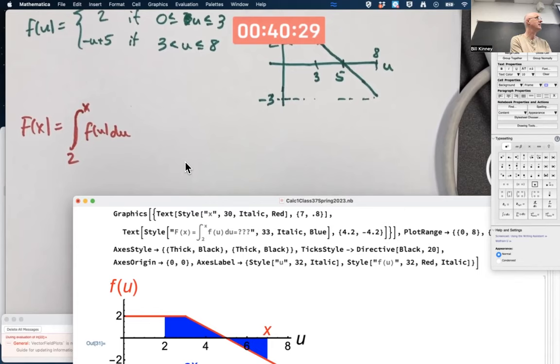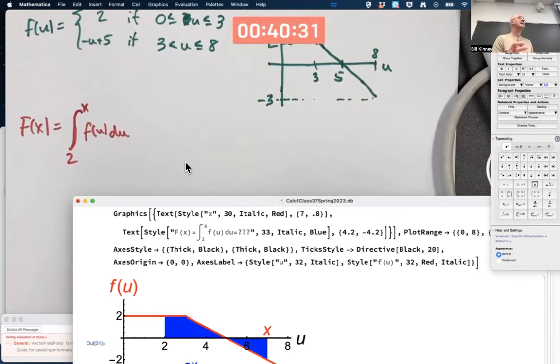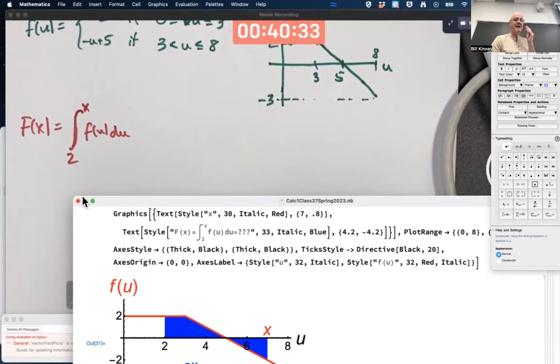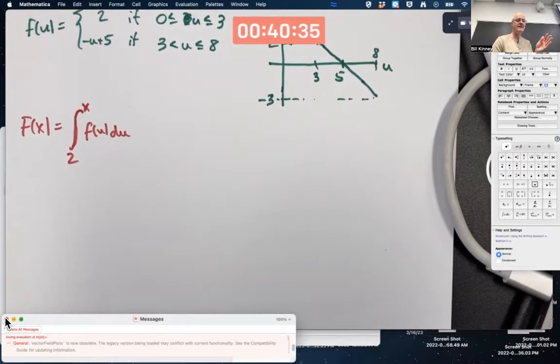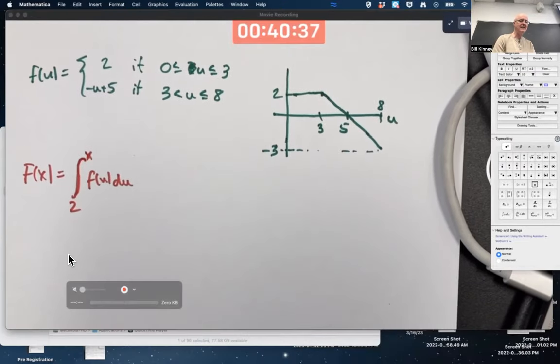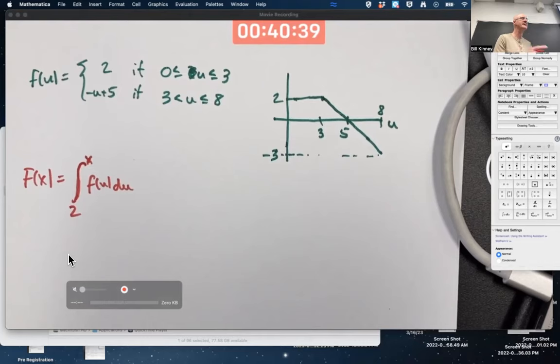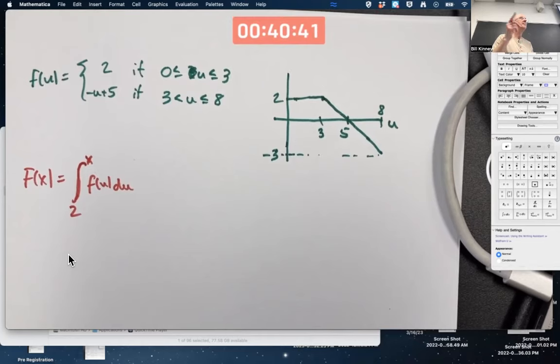And that will be true. What I'd like to do to make the concept hit home that this is going to be an antiderivative is I'd like to find this integral for different cases, for different values of x, purely by thinking about areas, not by using or thinking about antiderivatives ahead of time.